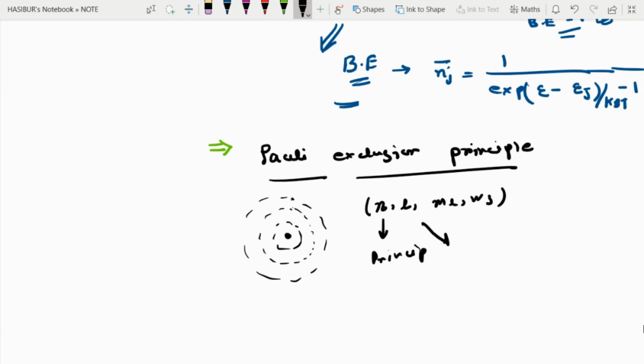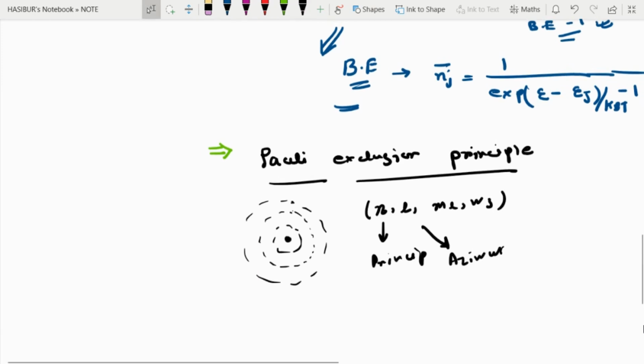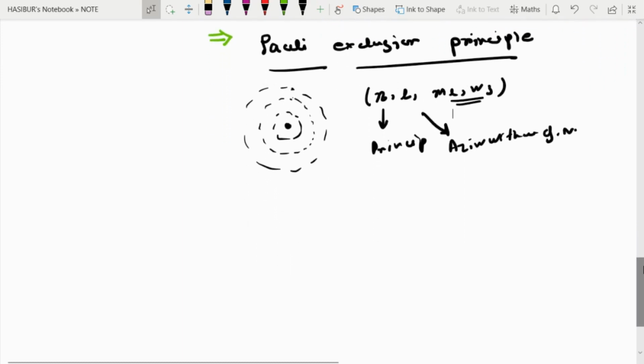This is the azimuthal quantum number, l, and these are the orbital magnetic quantum number, m_l, and the spin quantum number, m_s. So all the quantum numbers for two electrons should not be the same. At least one quantum number should differ.